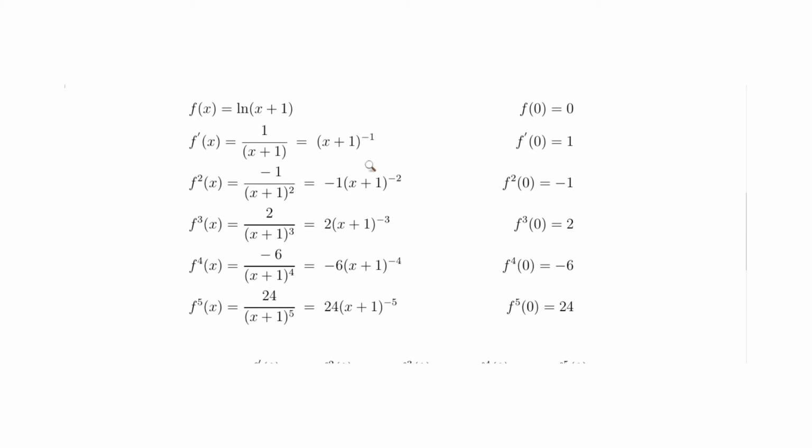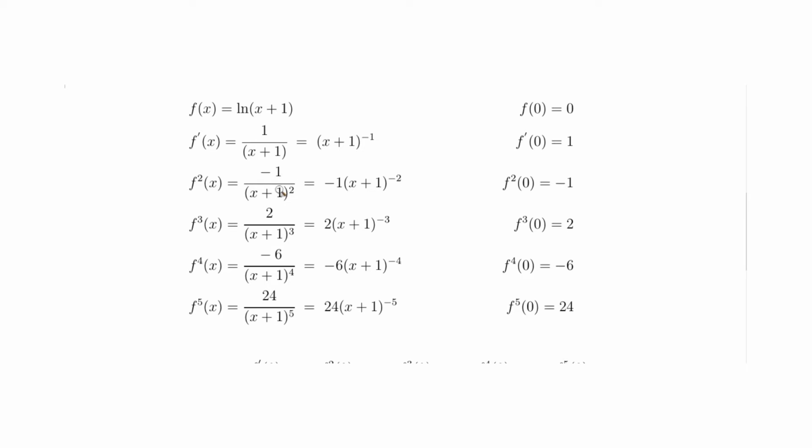So as you see here, to get from here to here, the minus 1 has come to the front, and then this is decreased by 1. So then we've got minus 1 times x plus 1 to the power of minus 2. Which means the same as minus 1 over x plus 1 squared. And then to calculate that at 0, we've got minus 1 over 1 squared, which is just minus 1. So the second derivative at 0 is minus 1.